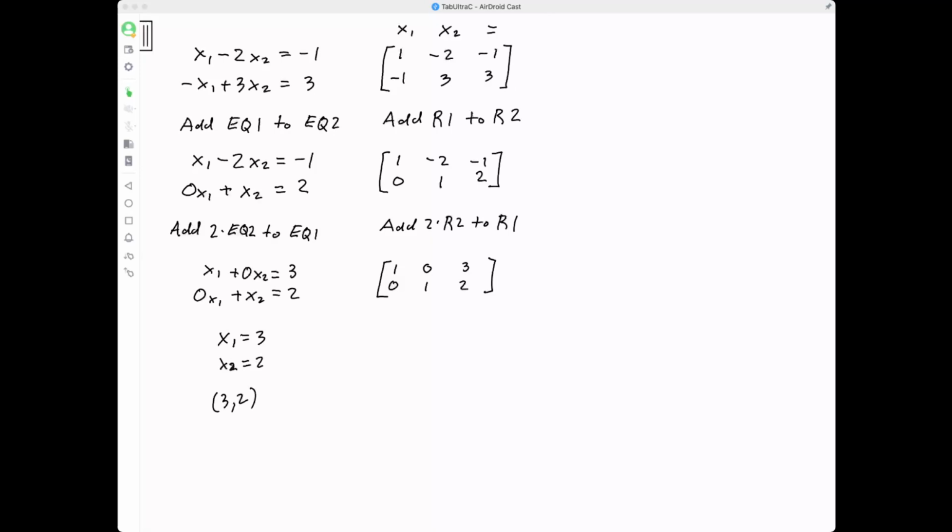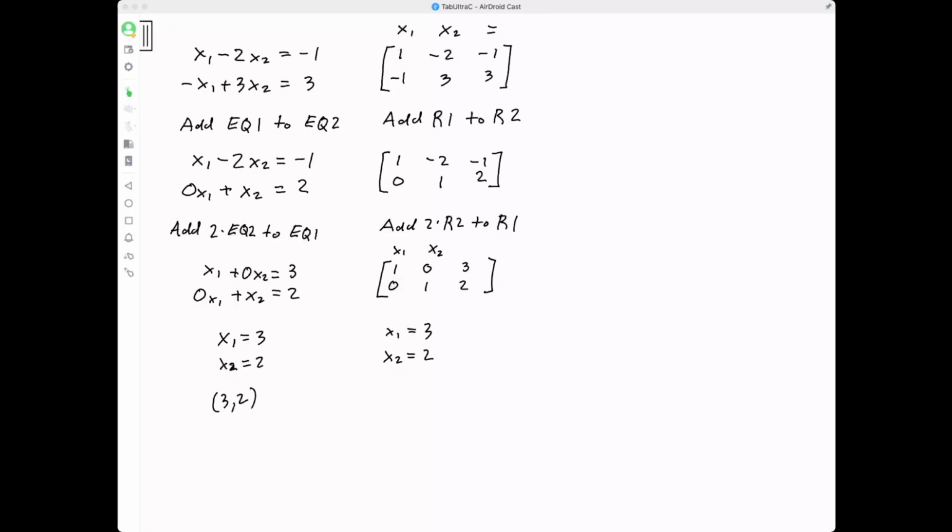But remember, my rows represent x1 and x2. And so I can read from row 1, I'm getting 1 times x1, or just x1, plus 0 times x2, I can leave that alone, is equal to 3. And 0 x1, that's nothing, plus 1 times x2 gives me x2 is equal to 2.